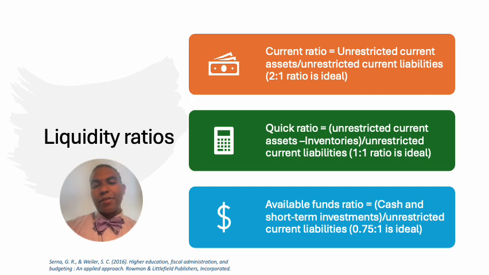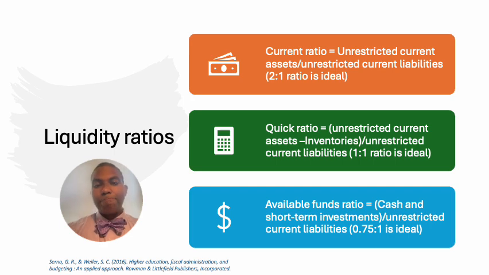Anything lower than that may indicate you don't have enough assets that can be converted to cash to pay off those liabilities. Anything hugely greater than that might indicate that you're not putting some of those assets into investments that might return a better return.